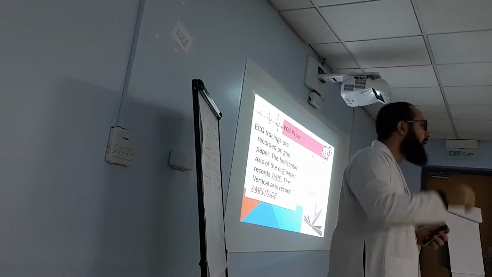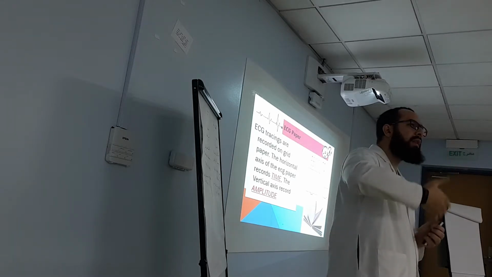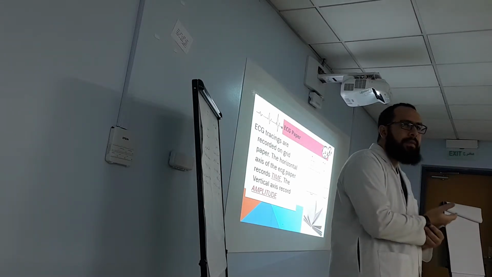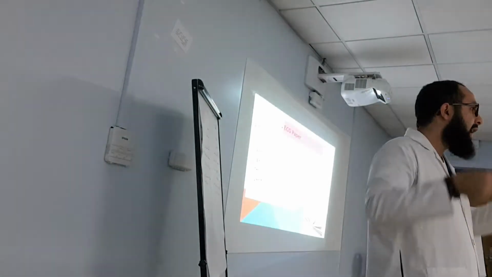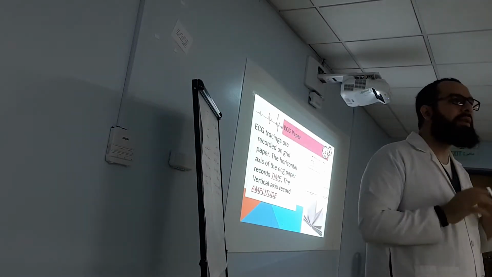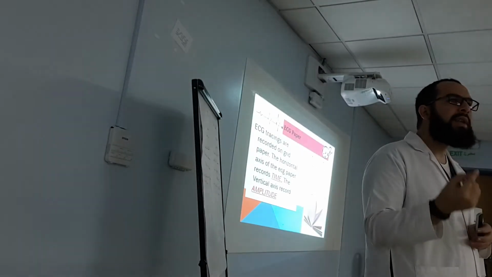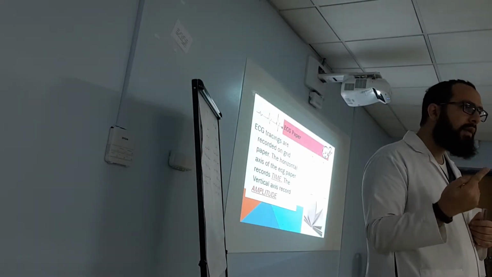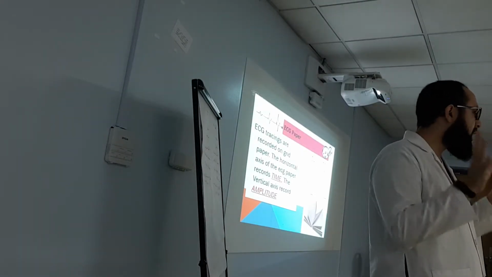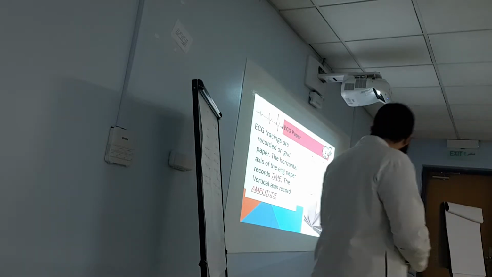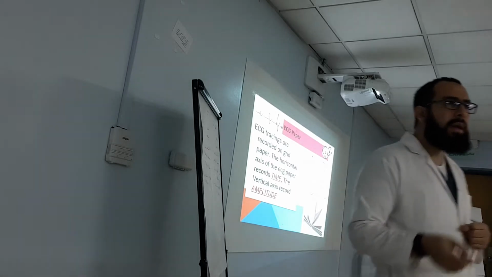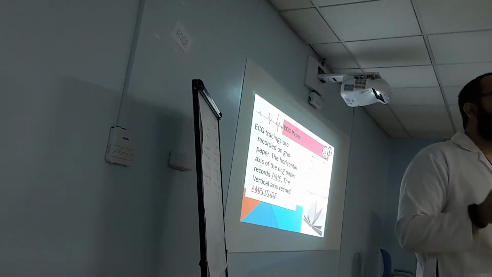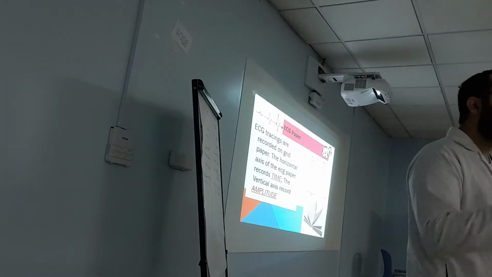If I tell you the machine will print this paper in 10 seconds, and the paper length is 10 centimeters, how many centimeters per second? 1. Okay, just a rough idea. This machine prints out 25 millimeter, or 2.5 centimeter, per second.